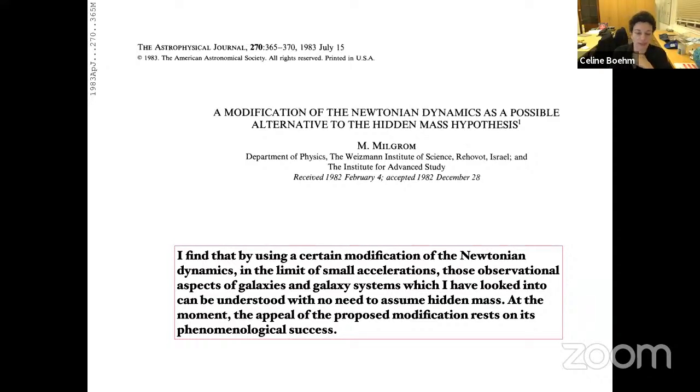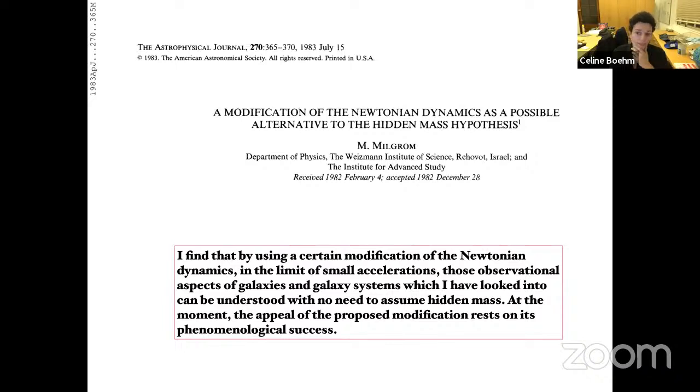As you see in the title, it is a modification of Newtonian dynamics, because that's what it is in the galaxy, as a possible alternative to the hidden mass hypothesis. So it's very clear what it's trying to do. That's basically the abstract: I found that by using a certain modification of Newtonian dynamics in the limit of small acceleration, those observational aspects of galaxies and galaxy systems which I have looked into can be understood with no need to assume hidden mass.